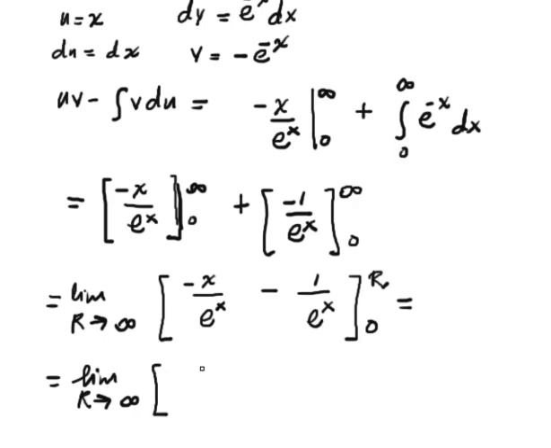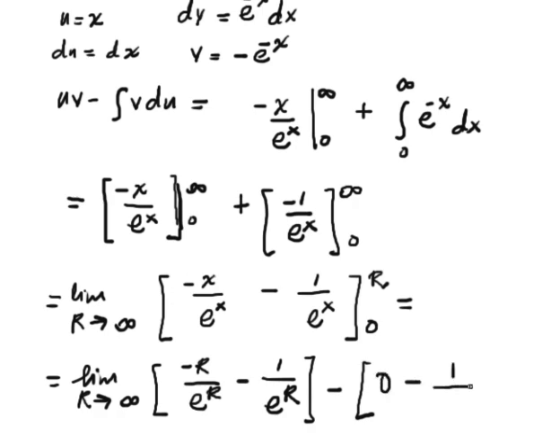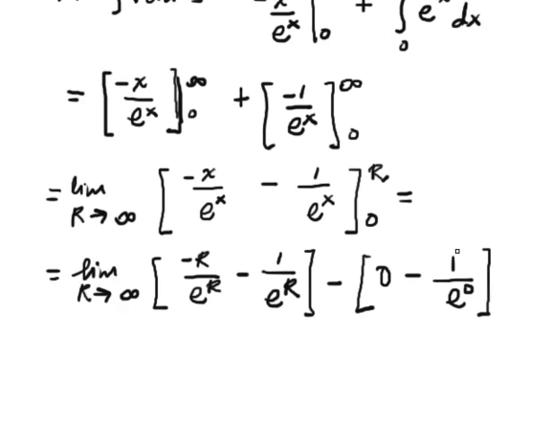Let's substitute in r, so we have minus r over e to the r minus 1 over e to the r. And now substitute in 0, so maybe I'll just put a minus in front of this whole thing. When we substitute in 0 into this first term, we have 0. And here we have 1 over e to the 0, that's 1 over 1, so this fraction is equal to 1.